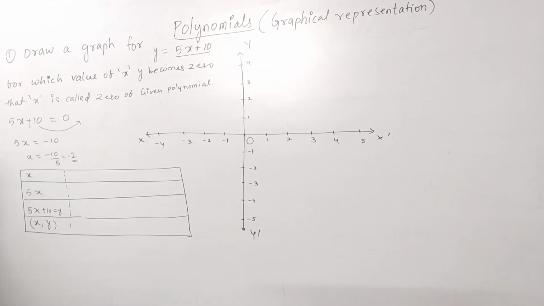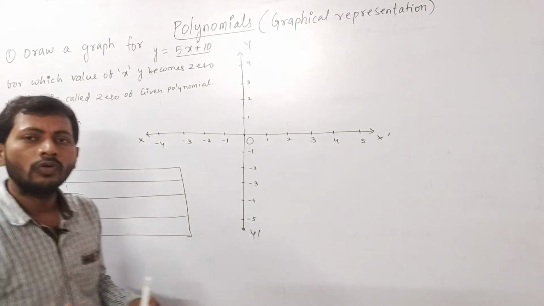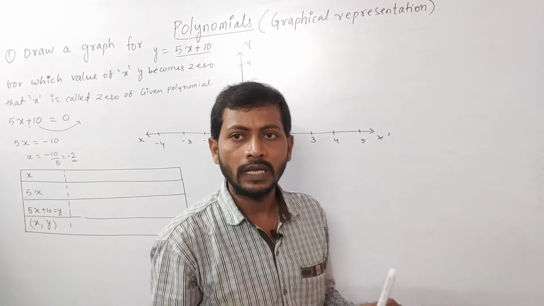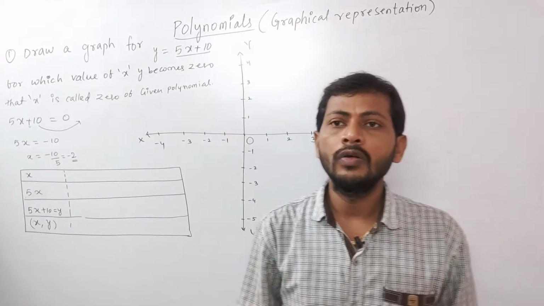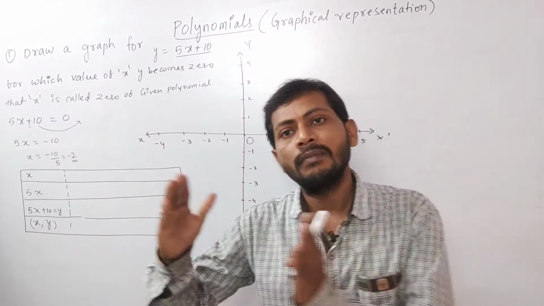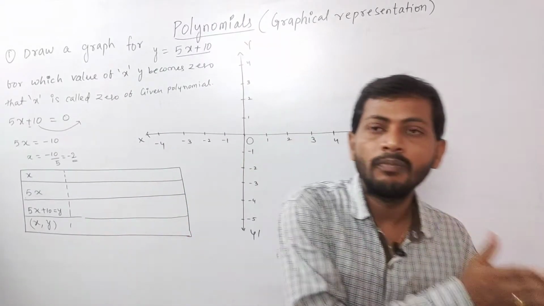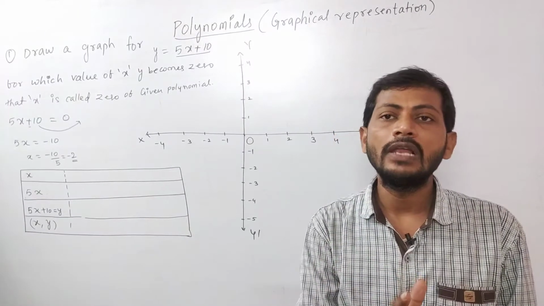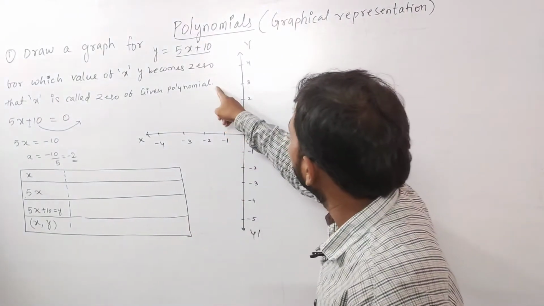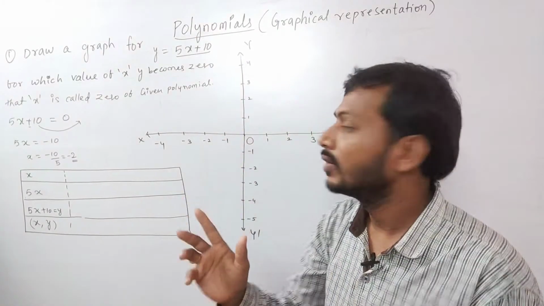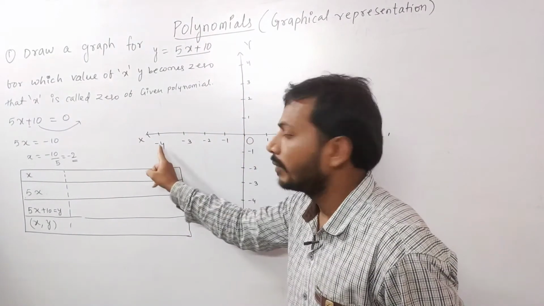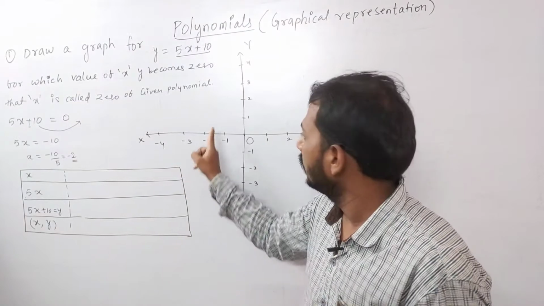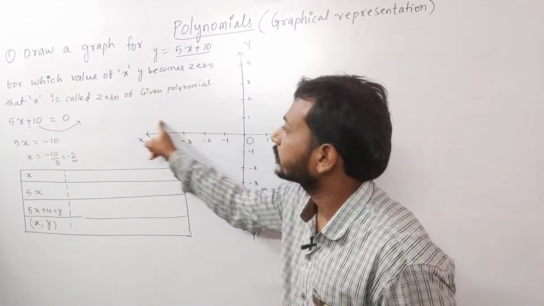So generally, to draw the graph easily, please follow this method. Take some minus values and some plus values, because if you take plus and minus values, the graph is going to lie in two planes. When you take a minus value of x, it belongs to this side.